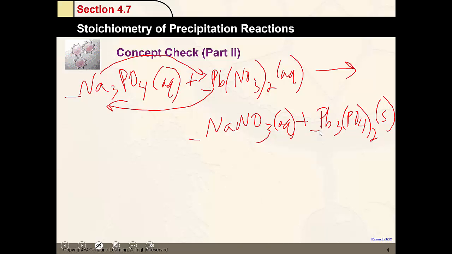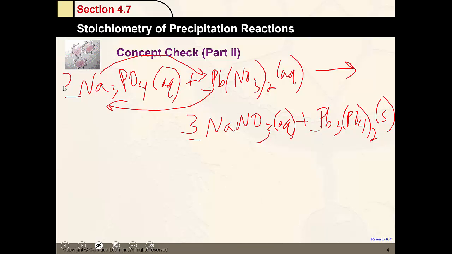So now we have to make sure our equation is balanced. So if you look on the left side, we have 3 sodium ions. So you would think, okay, we put a 3 in front of the NaNO3. Except if you look at the next one, on the left side there's 1 PO4 ion. On the right side there's 2 of them.